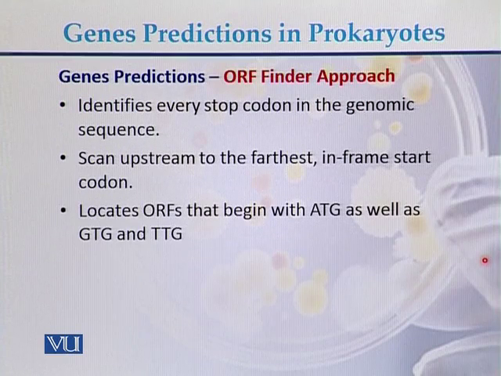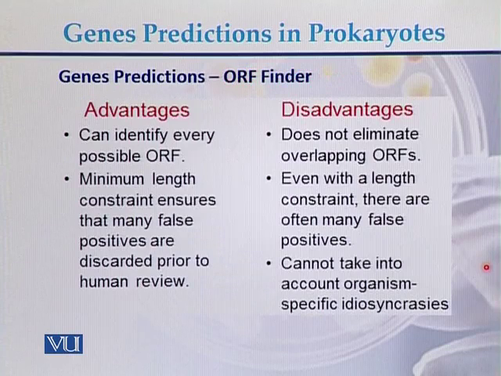What is ORF Finder and what is its approach? It identifies every stop codon in the genomic sequence, scans upstream regions of the gene, and locates ORFs that begin with ATG as well as GTG and TTG. This is the approach of ORF Finder for prediction of genes in prokaryotes.